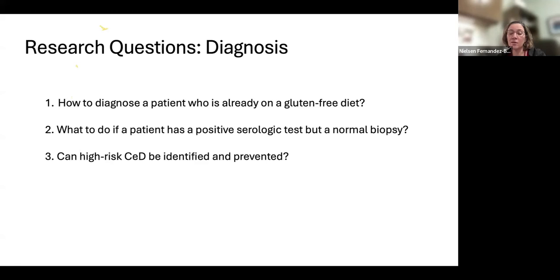And the other caveat that I think we have to discuss is that there is not a lot, unfortunately, of standardization and expertise in interpreting small intestinal biopsies. So some biopsies that may be considered normal may not really be normal.